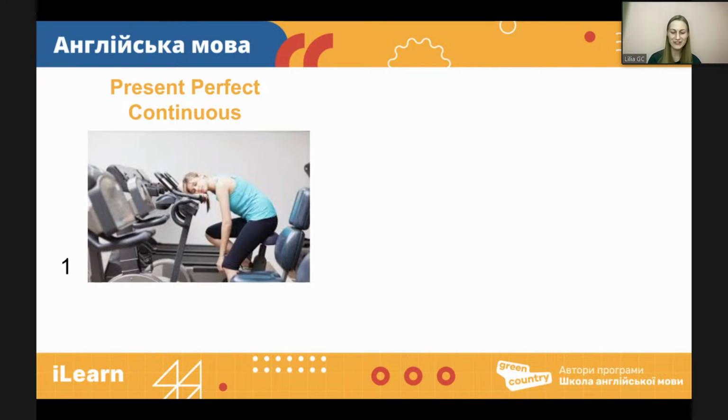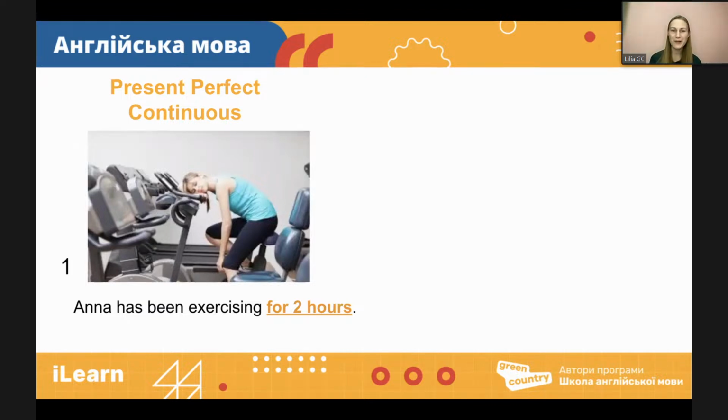Okay, so she is working hard, but how to say it in the correct tense? She has been training, she has been working out, she has been working hard, she has been exercising, anything like that.